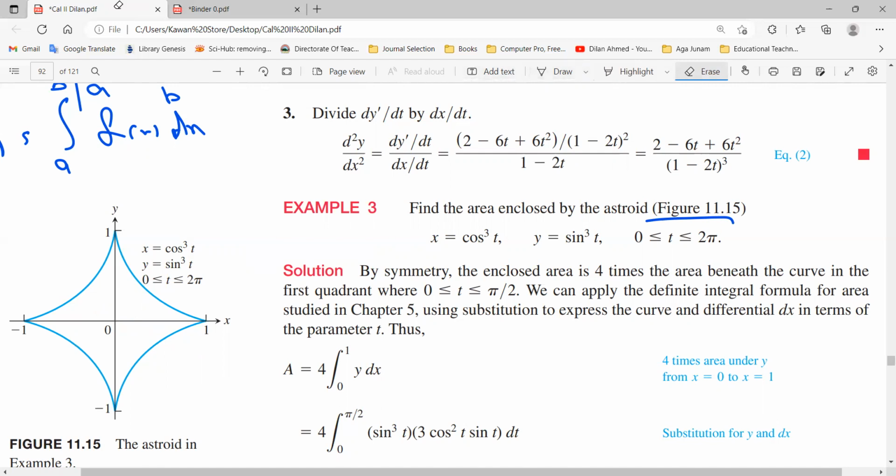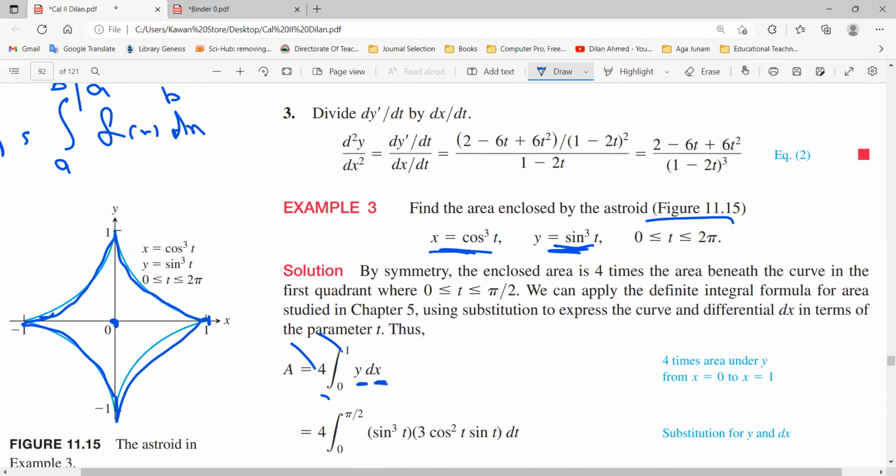So the total area will be 4 multiplied by the integral from 0 to 1 of y dx. This curve, which we don't know, is equal to what? You can see from here, x and y are given, which both are parametric.